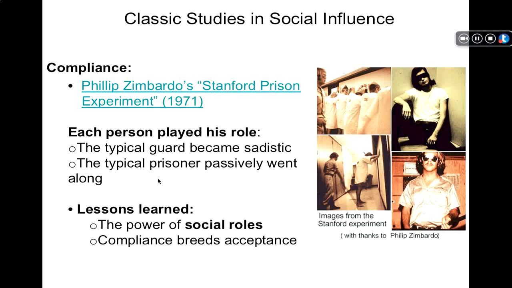But as long as I play that role and I comply with the expectations of the role, over time I will convince myself that what I'm doing is all right. I may struggle a bit, but yet I will still continue to play the role. So compliance breeds acceptance. Eventually, by playing the role, we become that person. We convince ourselves that, yes, this is who I am and this is what I do.